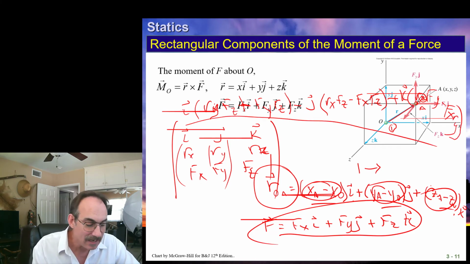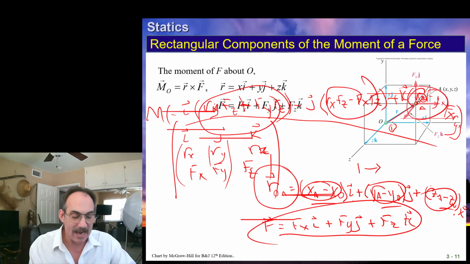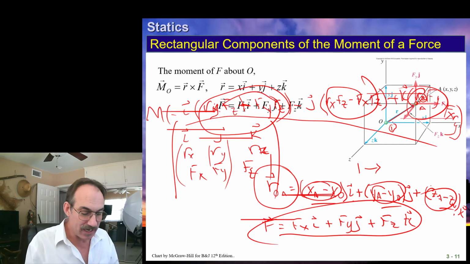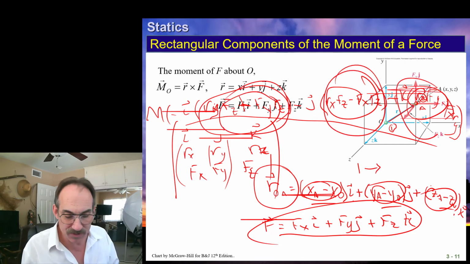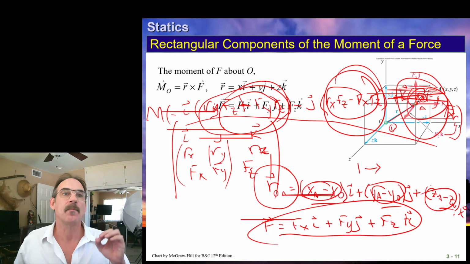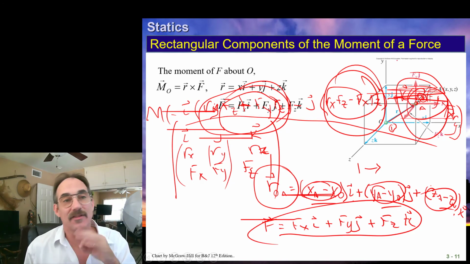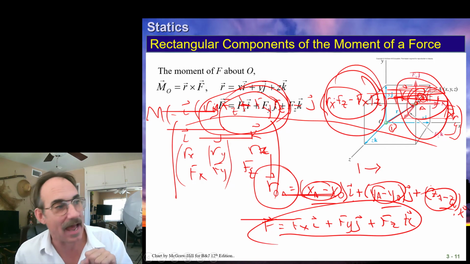Bang! That is our moment. It gives us magnitude and direction. If you want the actual magnitude, you take this squared plus this squared plus this squared, and taking the square root of that gives you the magnitude. Okay?